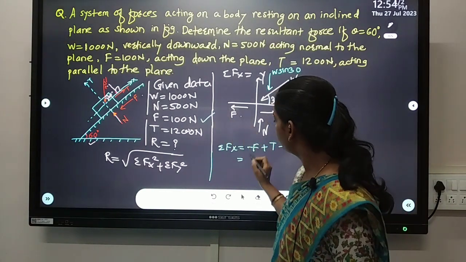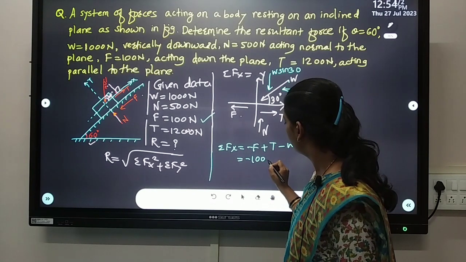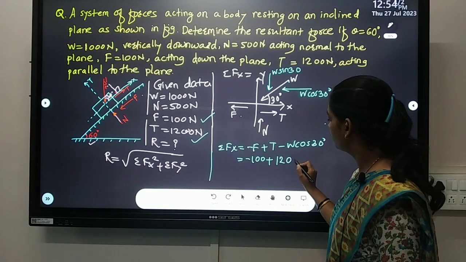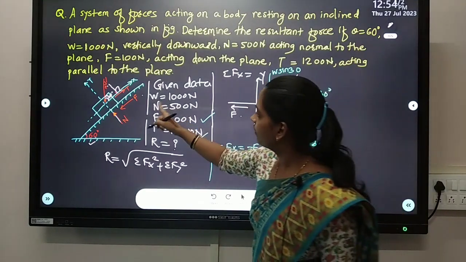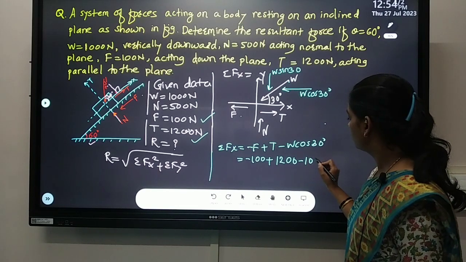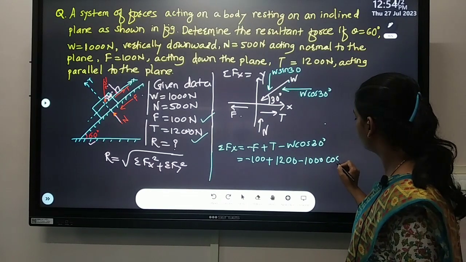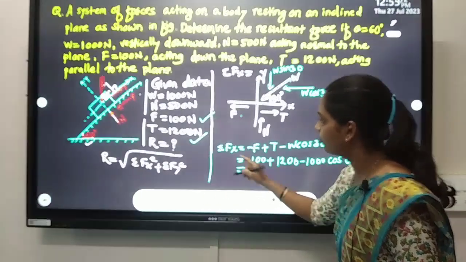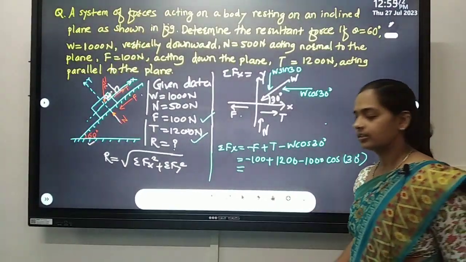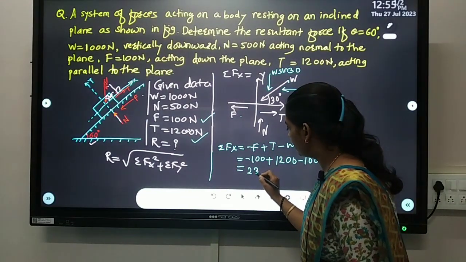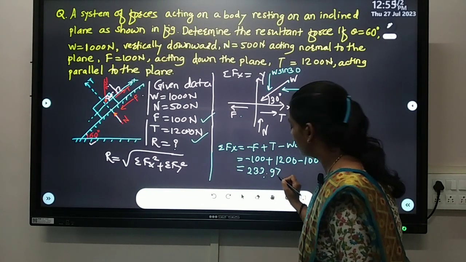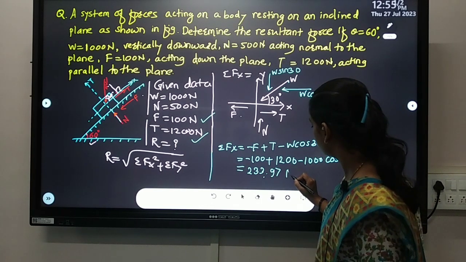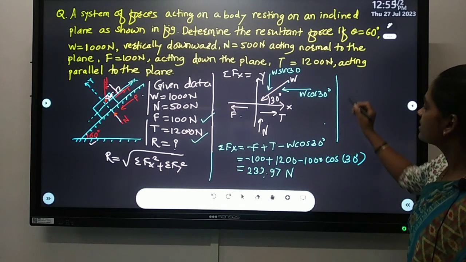Frictional force is 100 Newton, minus 100, plus value for T is given here, 1200, minus W is given 1000 cos of 30 degree. Just calculate on your own calculator and tell me the value for summation F of x. 233.97. The unit will be in Newton, yes.